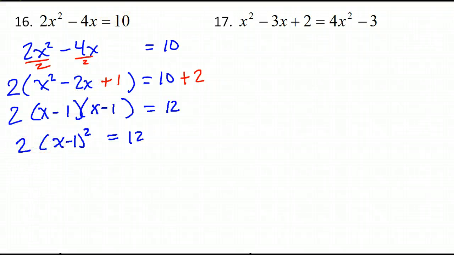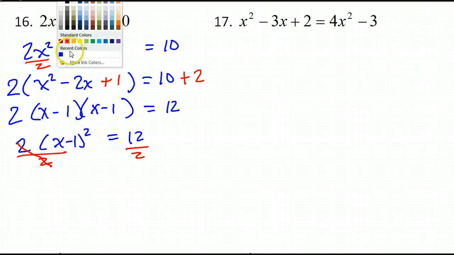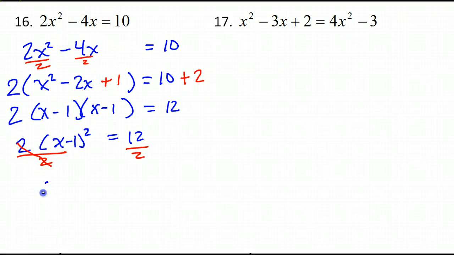So let's go ahead and divide by 2. Divide by 2, divide by 2. So that's gone. That's going to give us x minus 1 squared is equal to 6. And now we can take the square root of both sides.